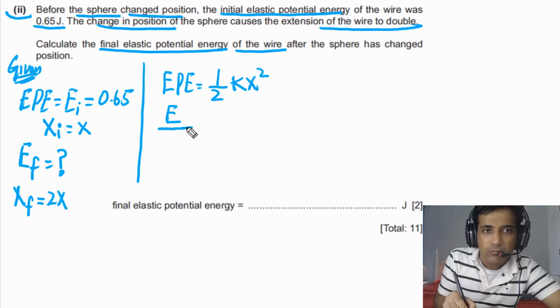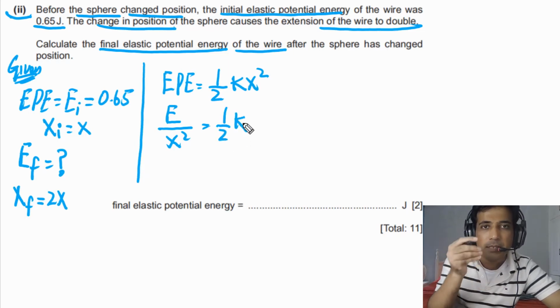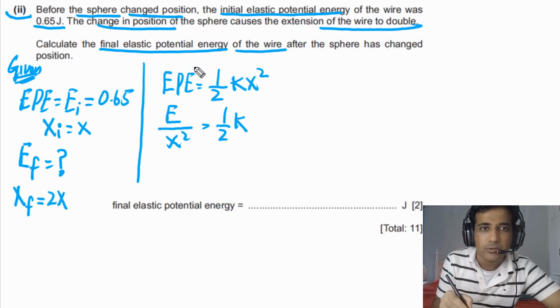If we divide both sides by x squared, we get E over x squared equal to K by 2. K is the spring constant, and it is the same for the same wire, since we are talking about the same wire. So E over x squared is a constant, equal to K by 2.